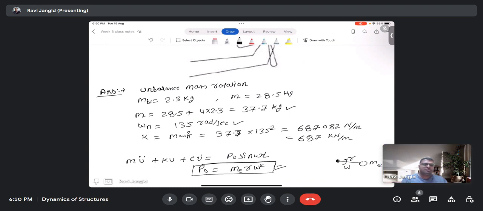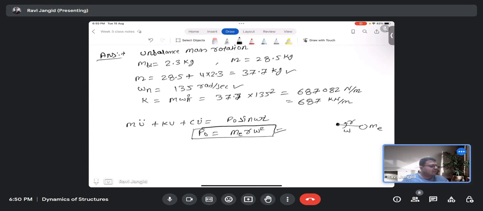Can you please show that P naught in the diagram? If I have a beam like this, and I have a motor on this, and the motor is rotating, then something unbalanced is happening there.